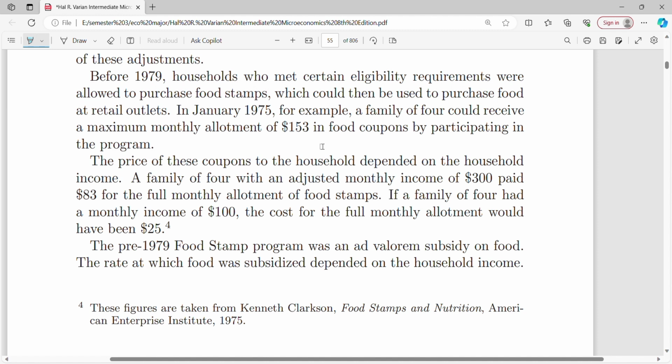And the price of the coupon for a particular household will be determined on the basis of their income.